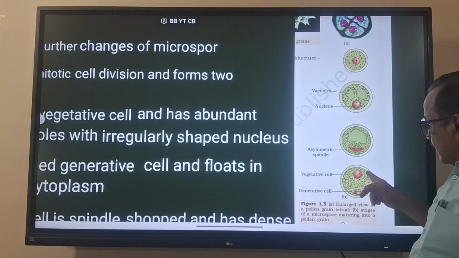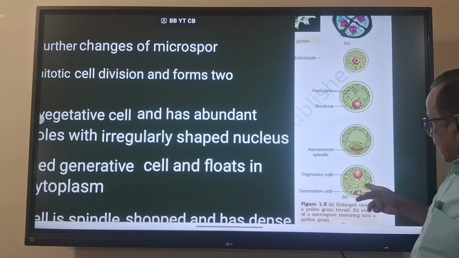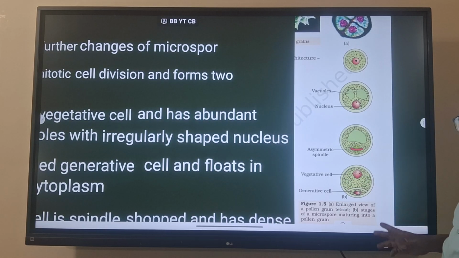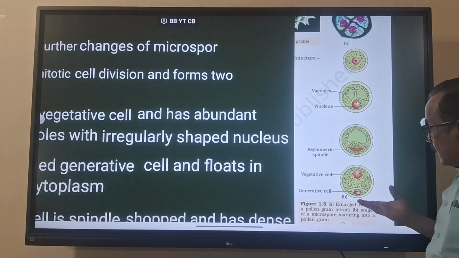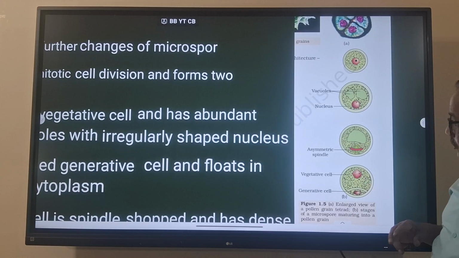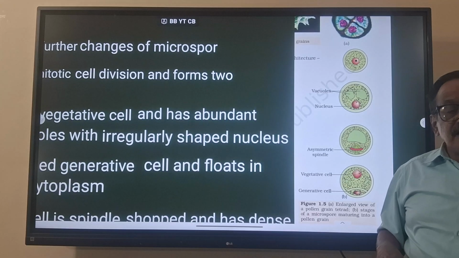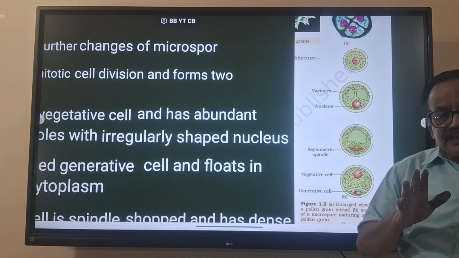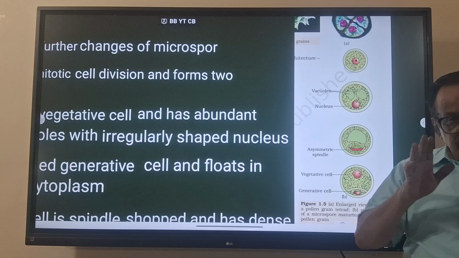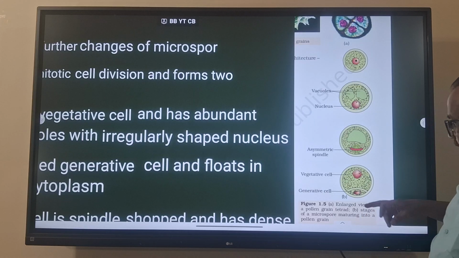One is the big size cell called the vegetative cell, and the small cell is the generative cell, and the generative cell floats in the cytoplasm of the vegetative cell. You have to remember all the things properly, because you can create many types of questions. For that I am telling this much detail.